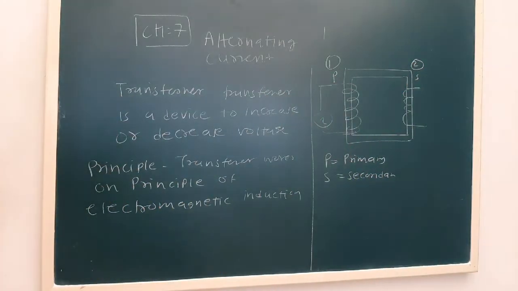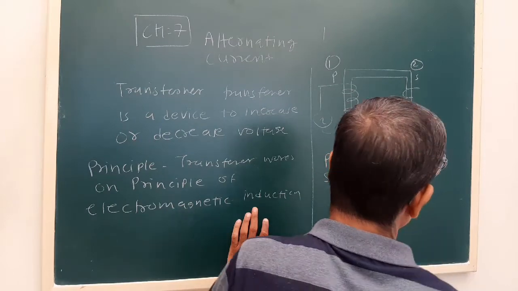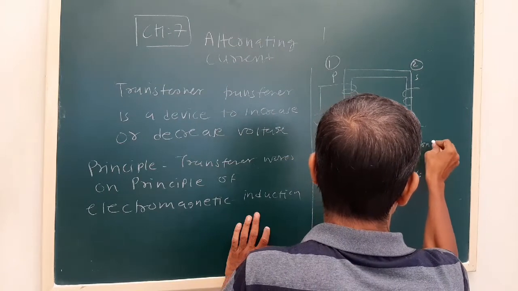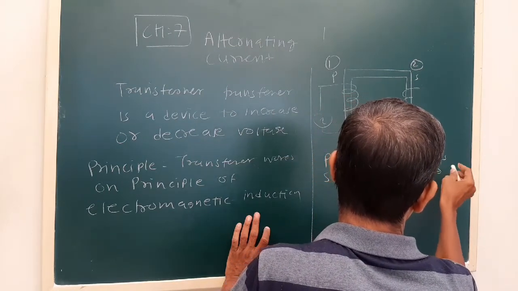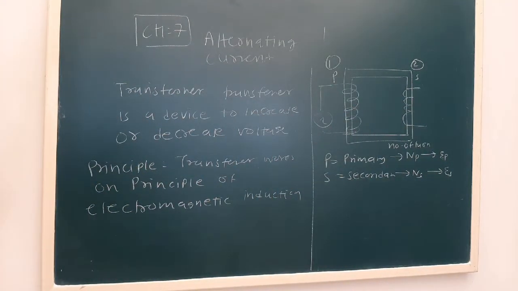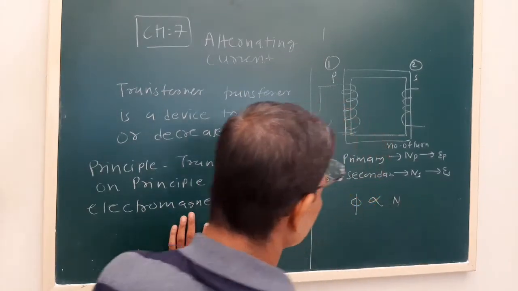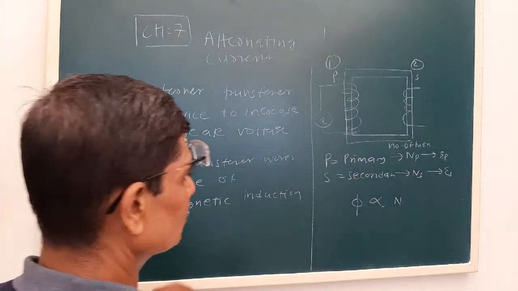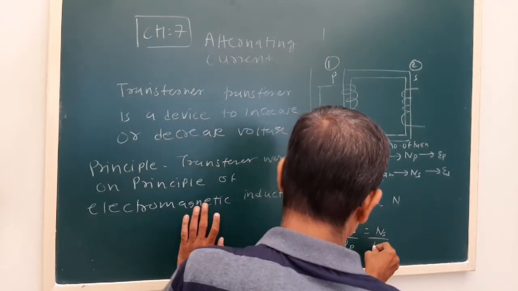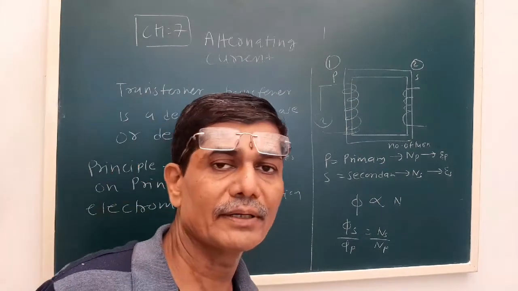Now the number of turns in the primary is, let us say, NP. The number of turns in the secondary is NS. The voltage across the primary is EP, and the secondary voltage is ES. In the earlier topics we studied that flux is proportional to number of turns. So phi s upon phi p is NS upon NP, where NS and NP are the numbers of turns in the secondary and primary respectively.